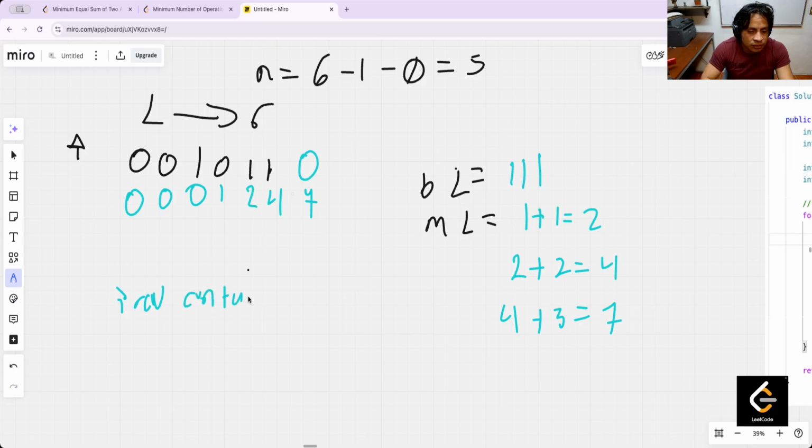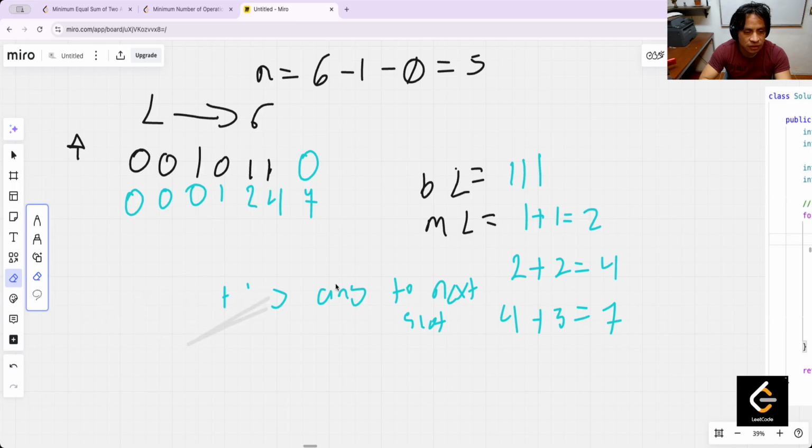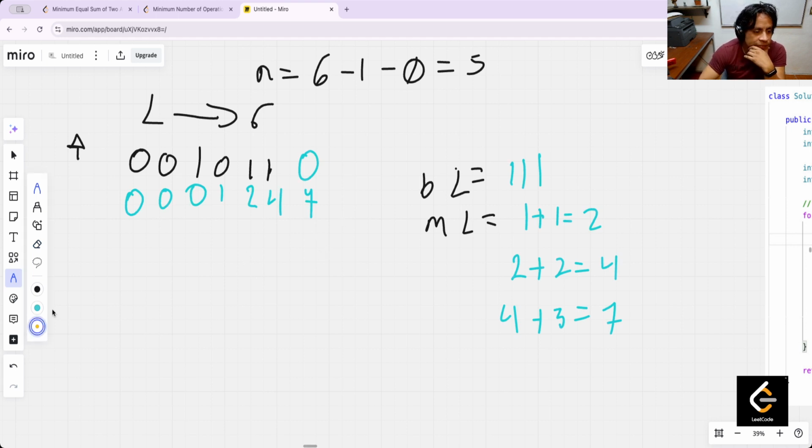Prev contains the answer to next slot. And is accumulate the number of balls and the number move to left. Here move to left, in this case is 1.